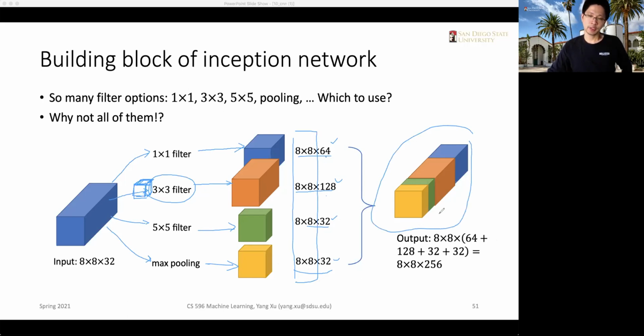So this representation is 8 by 8 by 256 with all these different representations concatenated. And then this concatenated representation will be used as the outputs for the next block of the network.